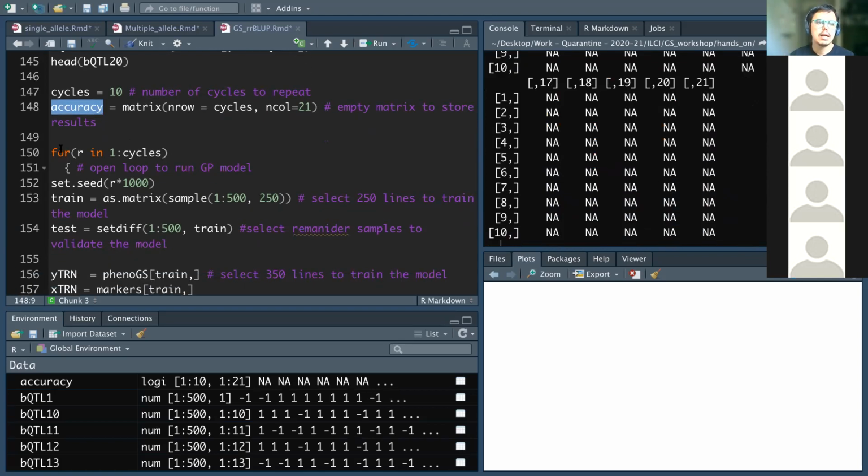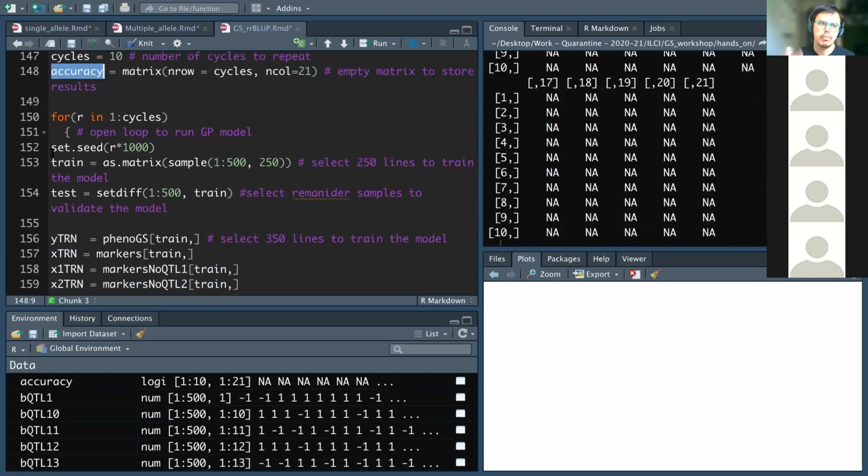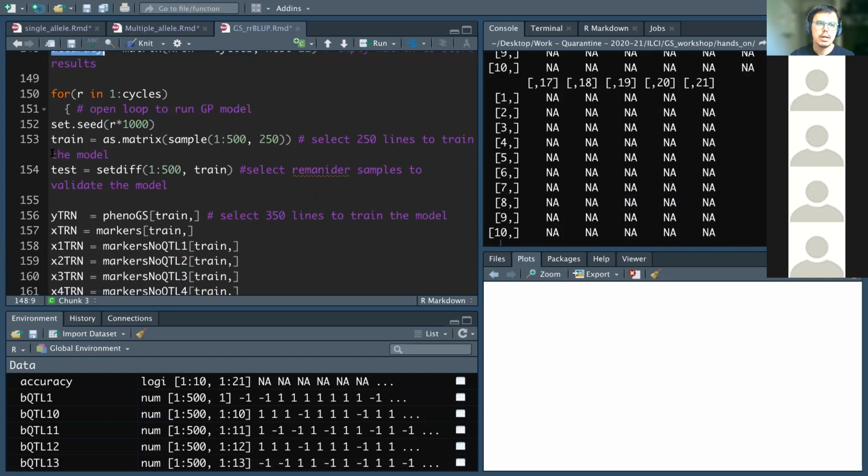And then I'm gonna use a for loop that is again to repeat the process, where I'm gonna create a training set. So that is gonna be the training population.